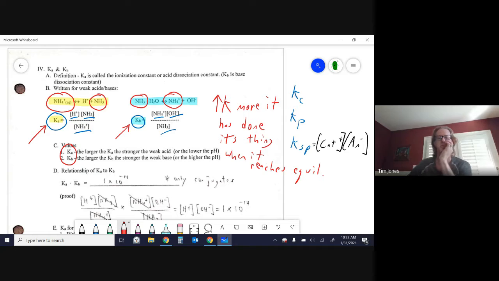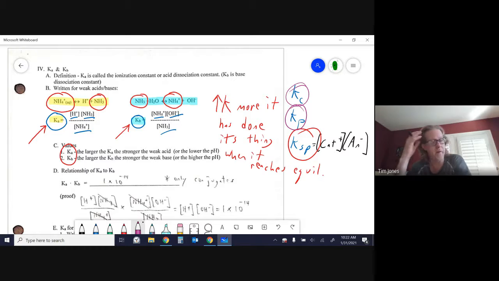So for example, if it's Ksp, a higher Ksp just means it dissolved more when it reaches equilibrium. In the case of Kc and Kp, it just means they have done their reaction more, the forward reaction as written, when it reaches equilibrium. In the case of Ka and Kb, if you were comparing weak acids, the one with the larger Ka is stronger of the two, even though they're both weak. And same with Kb. A higher Kb is a stronger base of the two.